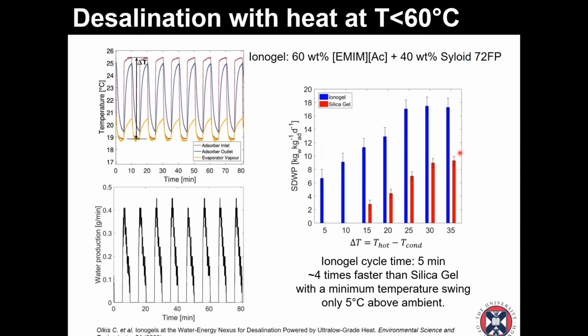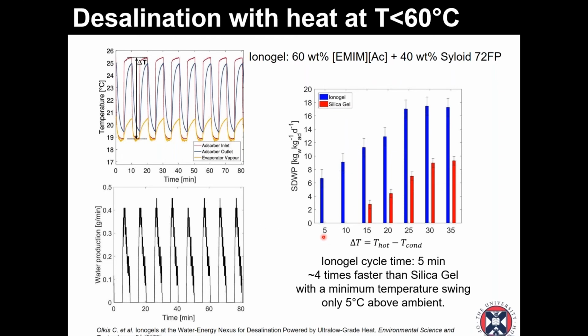So in the same device, the silica gel stopped working with a delta T, which is here the regeneration temperature minus the condenser temperature, of 15, while the ionogel could produce water even with a 5 Celsius degree difference.